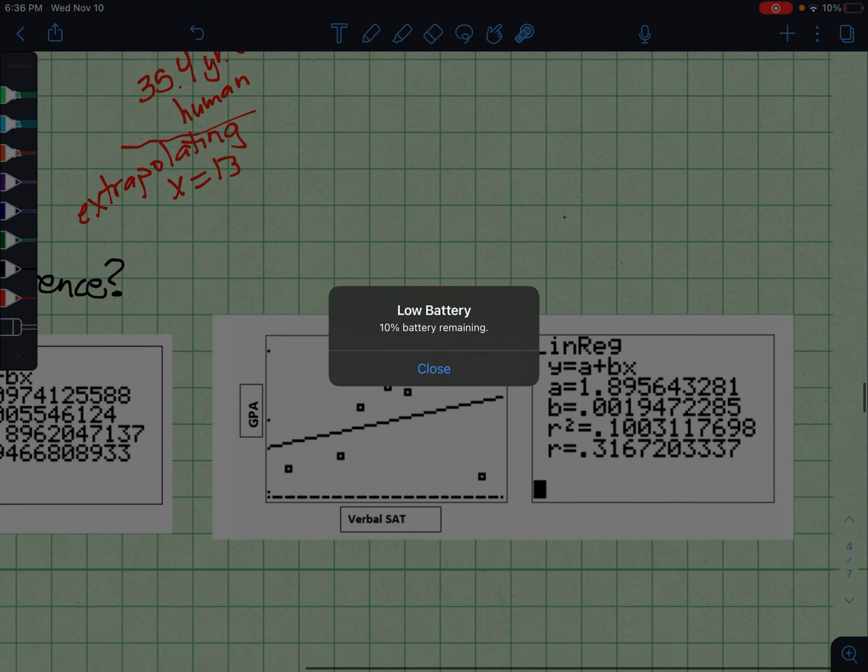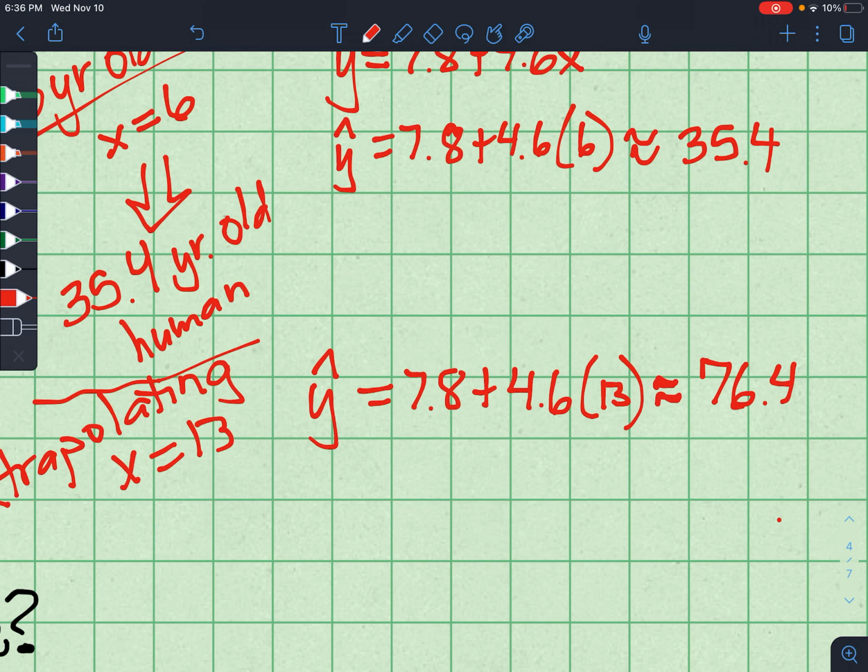Okay. So then the final thing, if I plug in 13 and I get y hat to be 7.8 plus 4.6 times 13, and I think we get something like 76.4 years, I believe is what I had. So maybe that was 76.6.